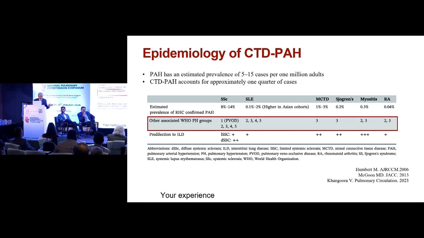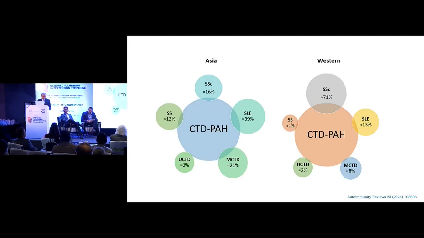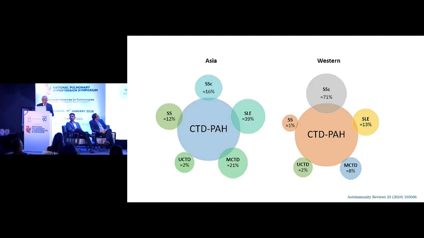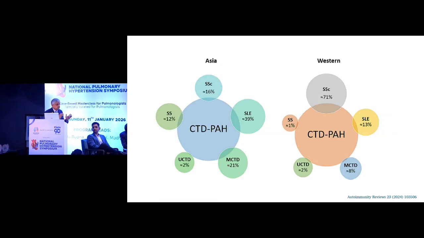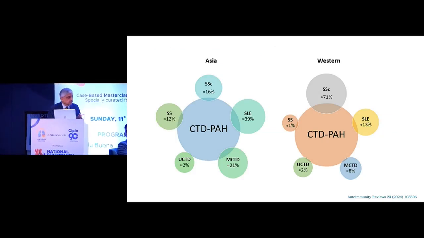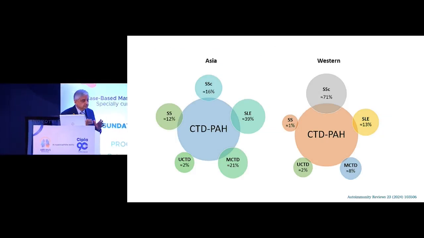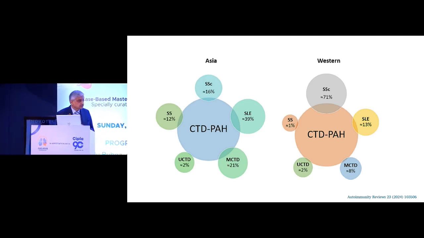So just one question I have for the rheumatologist, and the next slide is based on that. If you start looking at the data, and this is data predominantly from China, Japan, and Taiwan, it suggests that in the Asian population, SLE also does cause a significant degree of pulmonary arterial hypertension, unlike what we see in the Western data. So any comments from the rheumatologist?